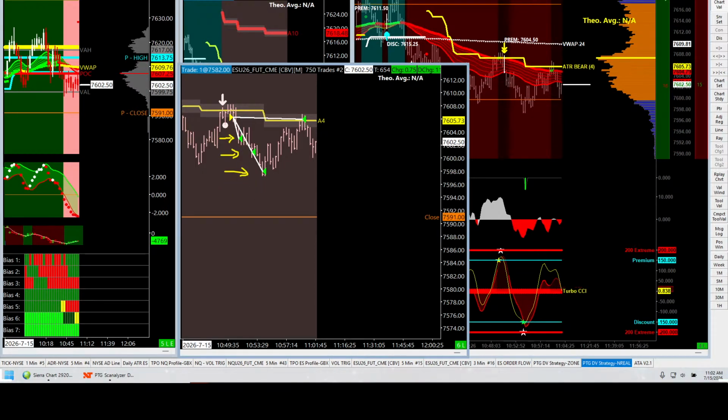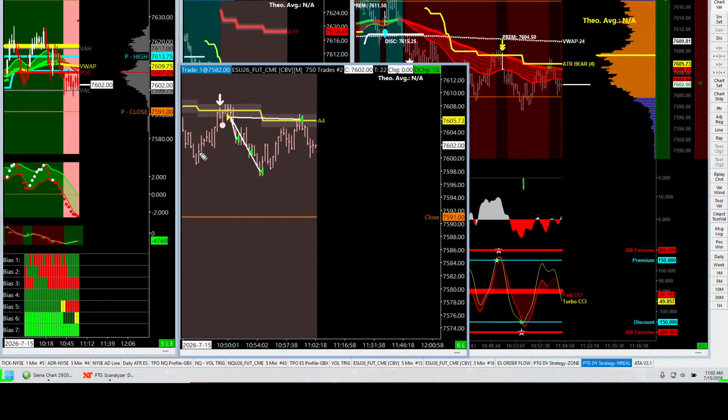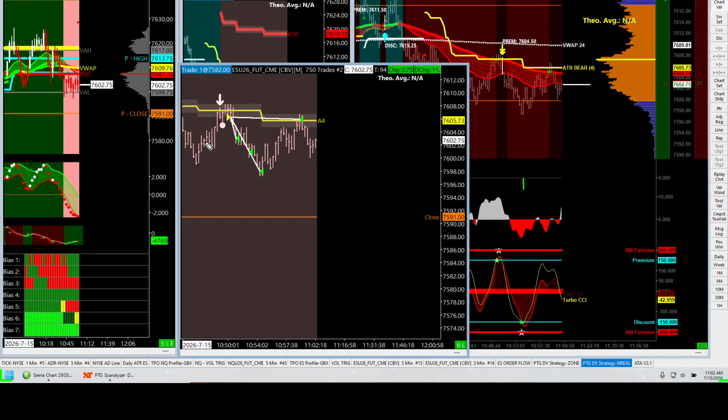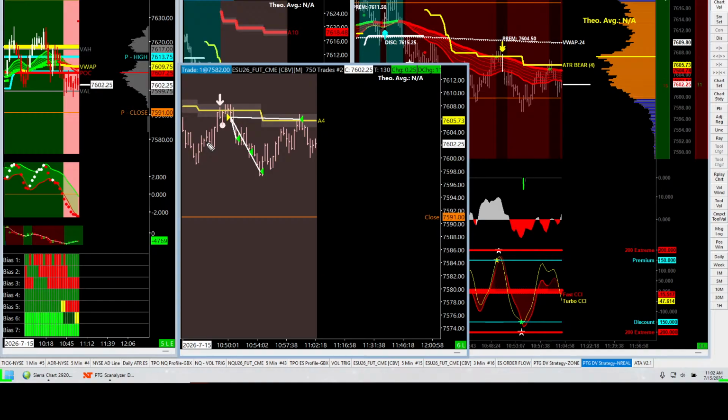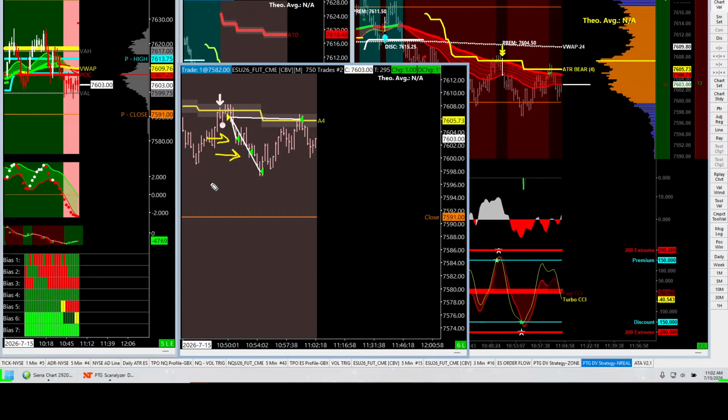So it's not necessarily a percentage, but rather I'm looking at what the frequencies of occurrences are over a very large data set. So what we're essentially trying to do is take those first targets out, particularly the first two. If we can get the first two, we've really covered our costs on everything.